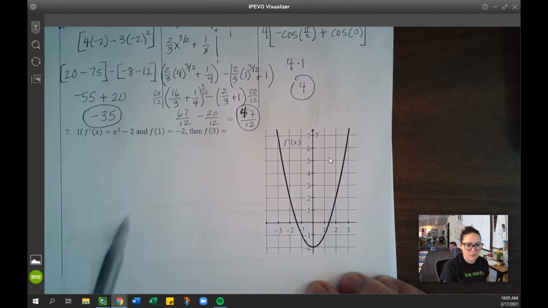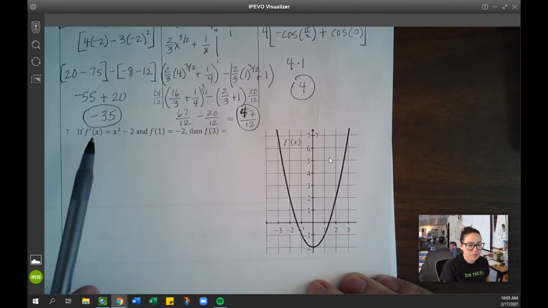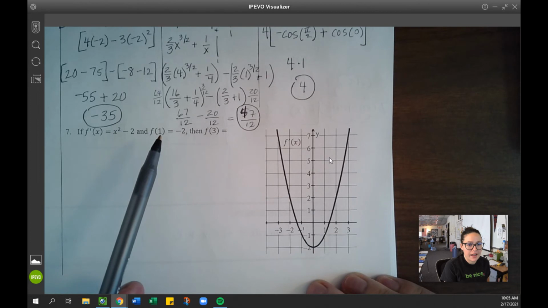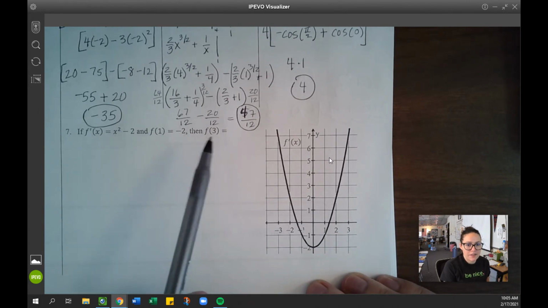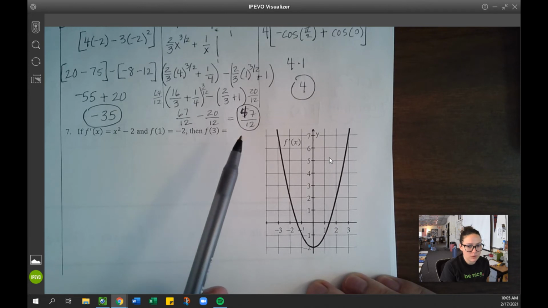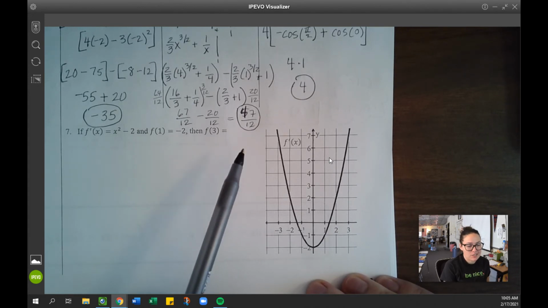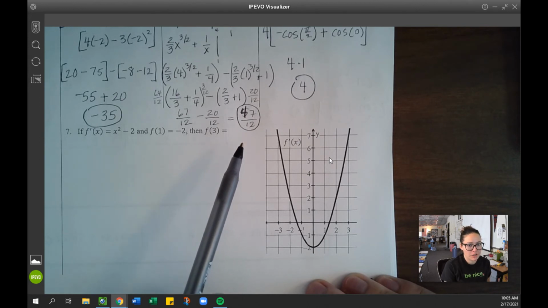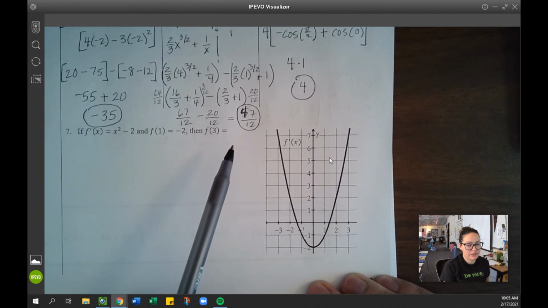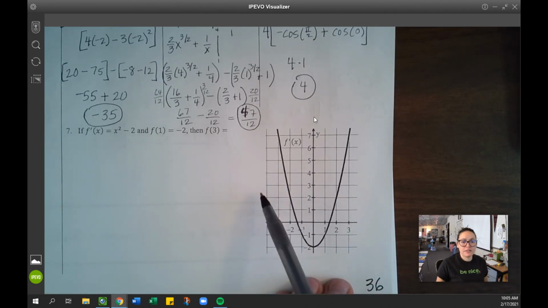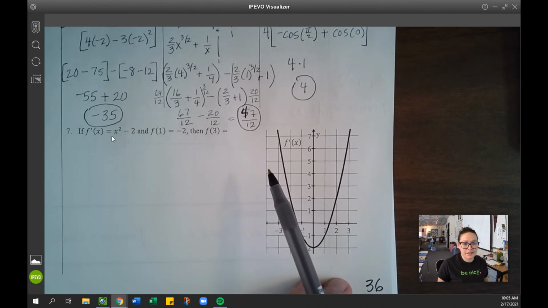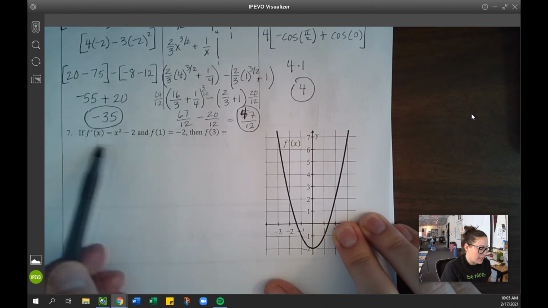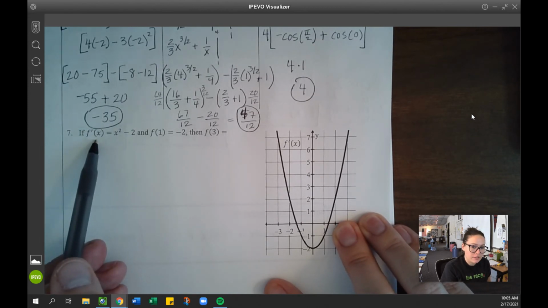Okay, so if f prime of x equals x squared minus 2, and f of 1 equals negative 2, then f of 3 equals what? Okay, so this has to do with understanding the fundamental theorem of calculus a little bit, and the fact that the antiderivative, or the integral, is an accumulation function.